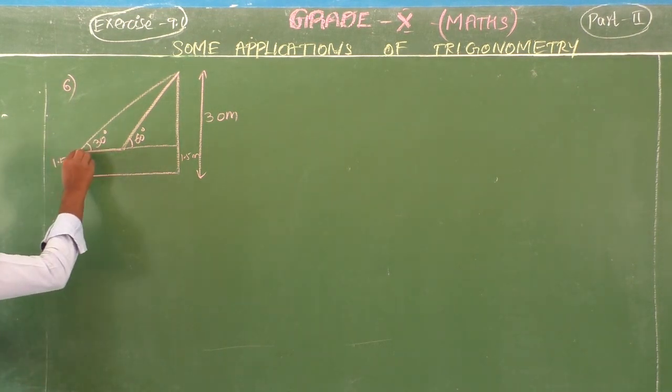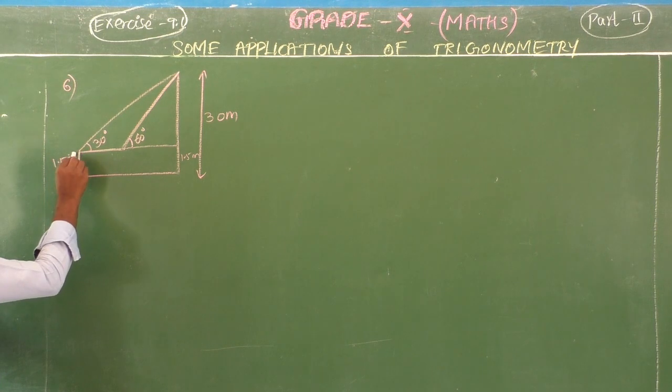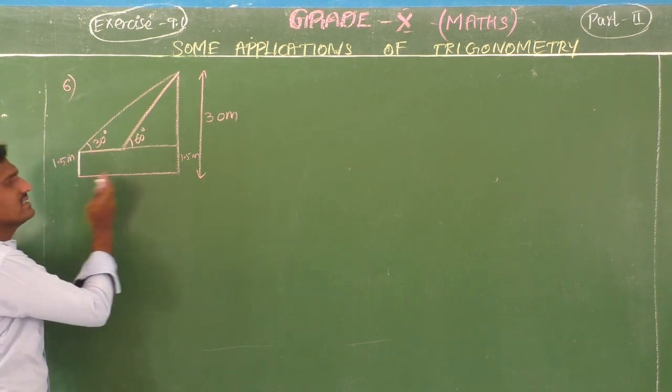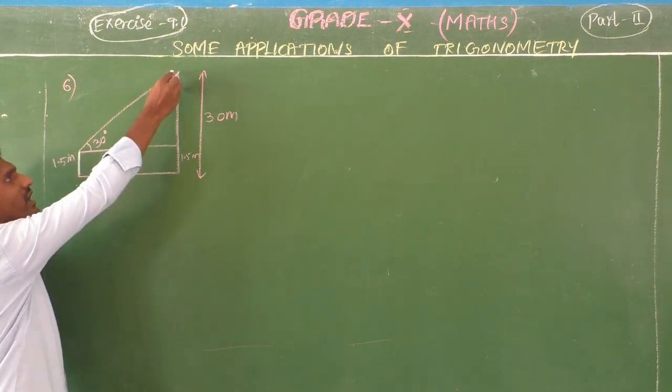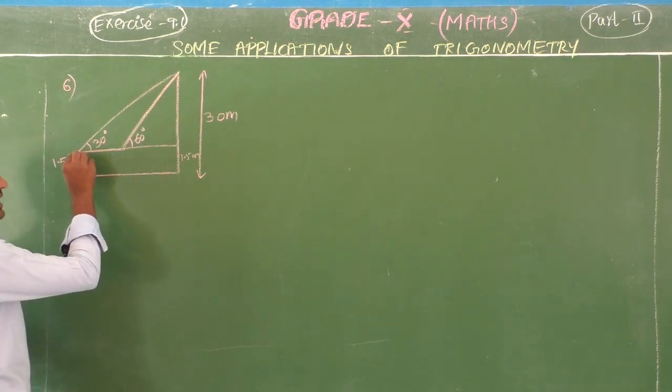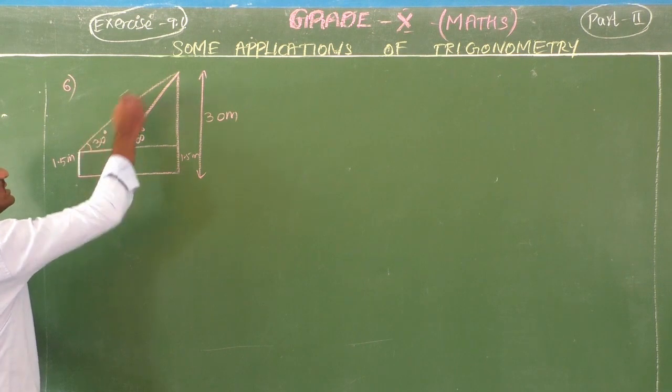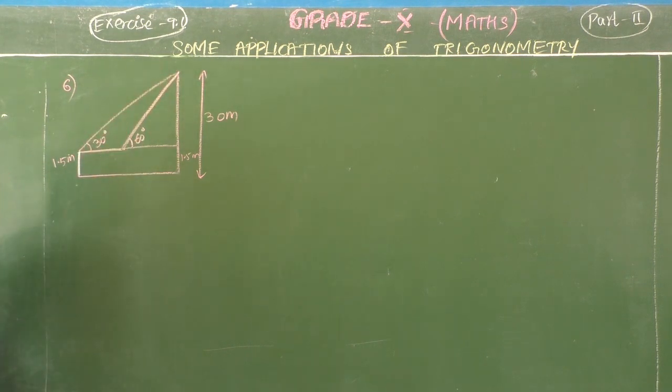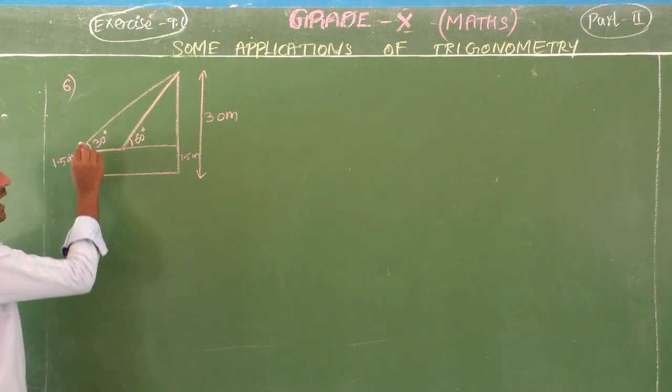See, this is the boy. He is standing some distance from the 30 meter tall building. From his eye level, the angle of elevation to the top of the building is 30 degrees, and he walks some distance.